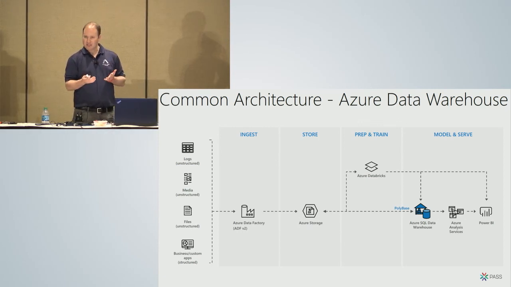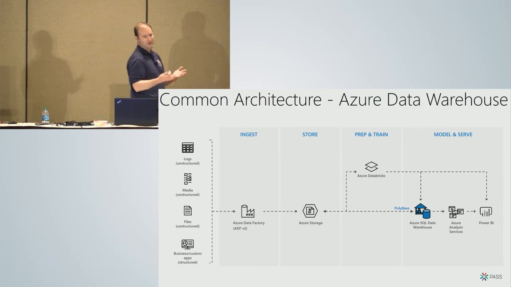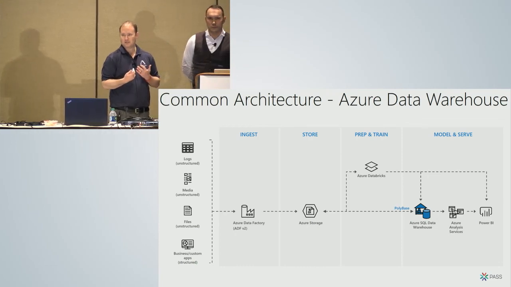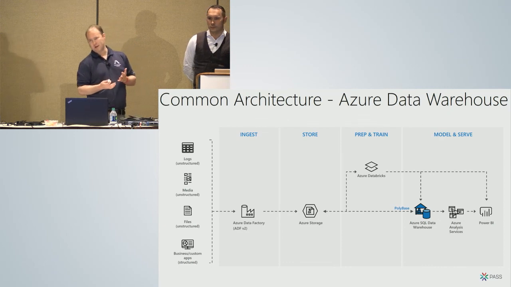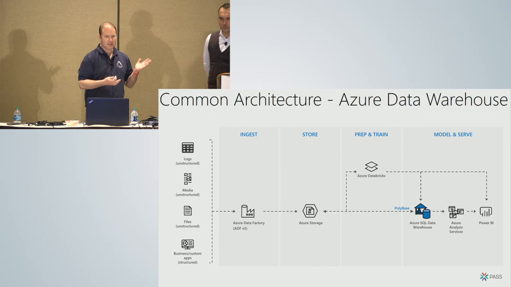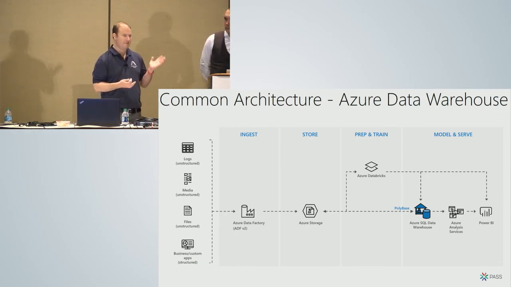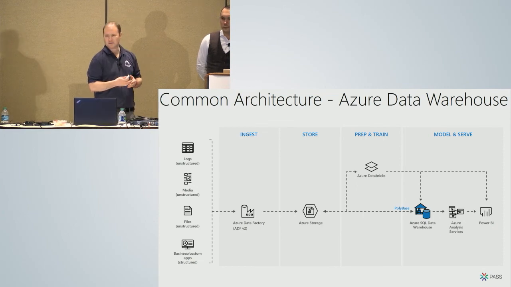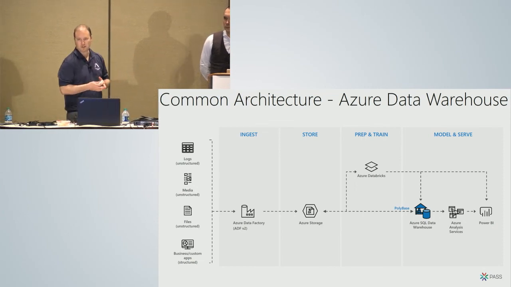If it's semi-structured data, or some data source that Polybase doesn't natively support for ingesting into SQL DW, then you may need to do some transformation on top of that. Spark can help out with that. Azure Databricks has been a very popular solution for that transformation, and it has native connectors into SQL DW.